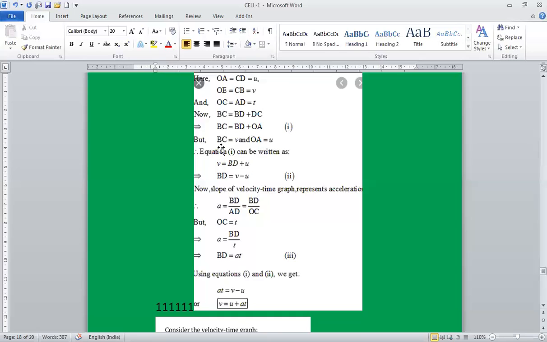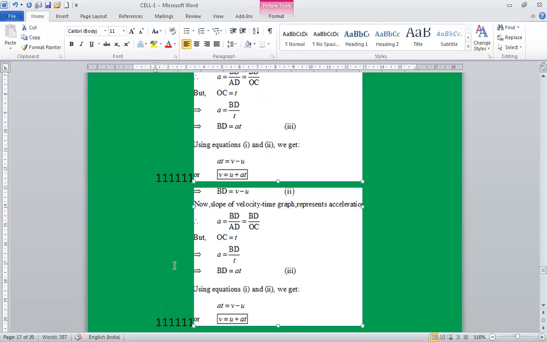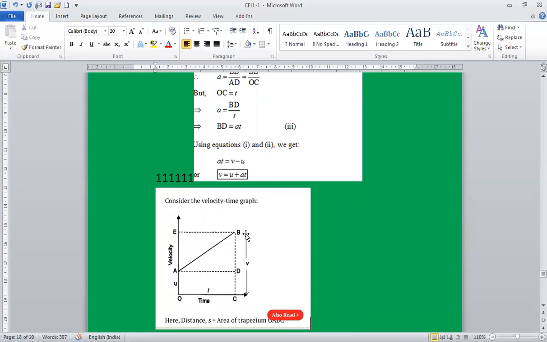But BC is equal to V and OA is equal to U.